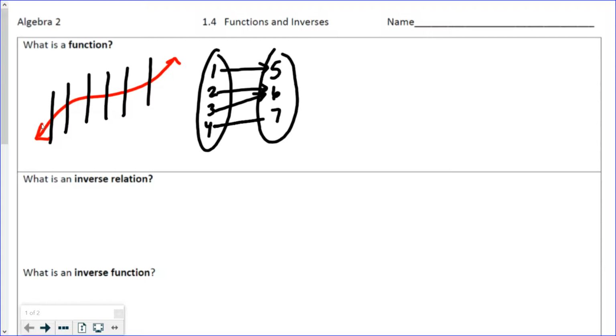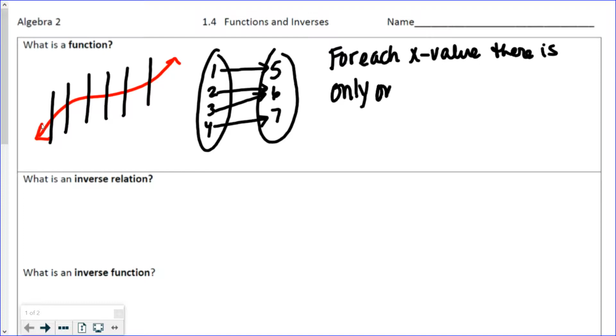It's okay if two of them go to the same y value, but each x can only have one arrow going to a y value. So both of those are examples of functions, and what it means to be a function is for each x value, there is only one y value.